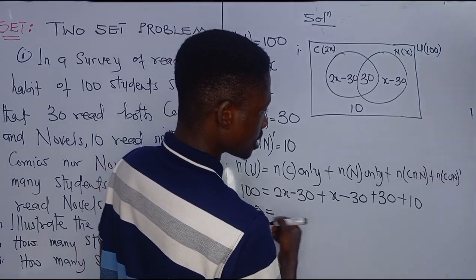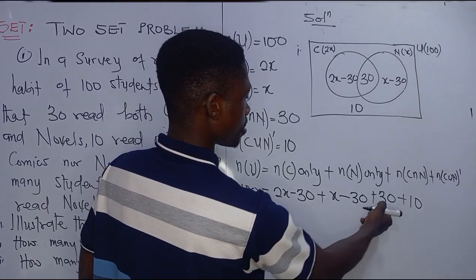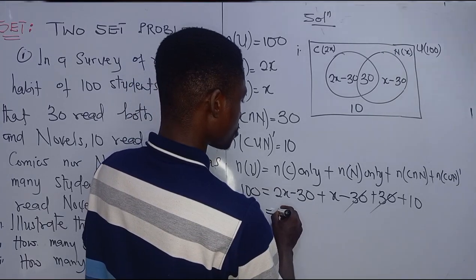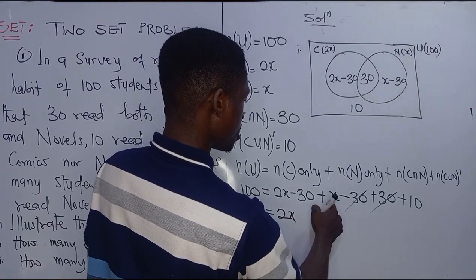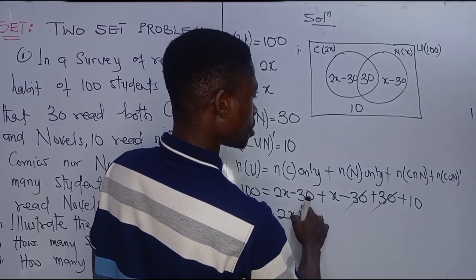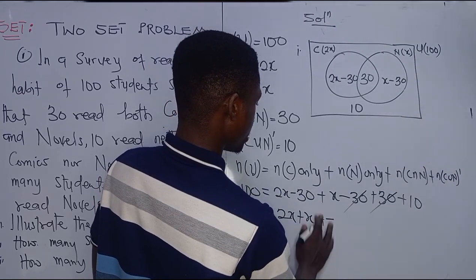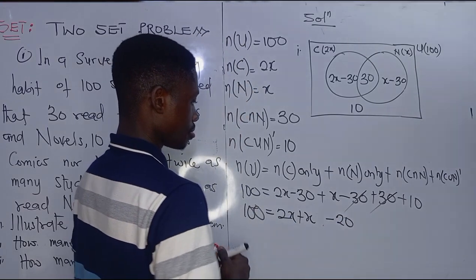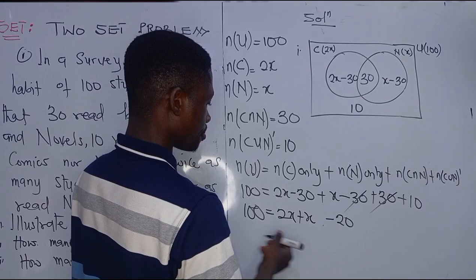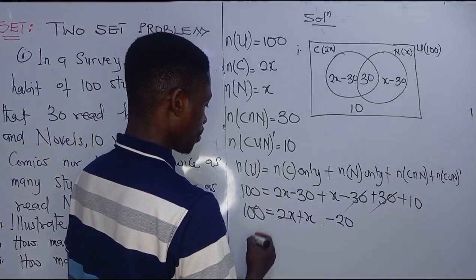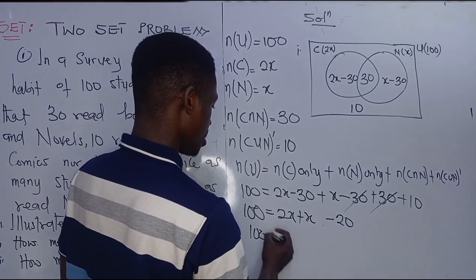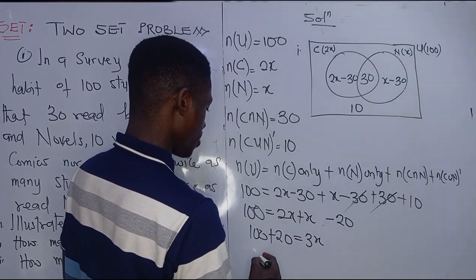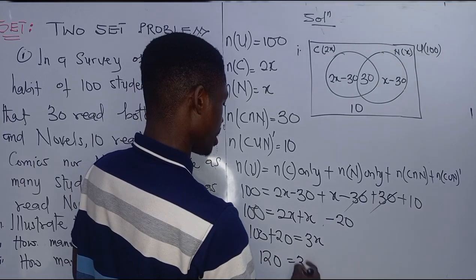Let's see if some can cancel: minus 30 plus 30 will go. So we have 2x plus x, and minus 30 plus 10 gives minus 20. So 2x plus x will give us 3x, and 100 plus 20 is equal to 3x. So this will give us 120 is equal to 3x.